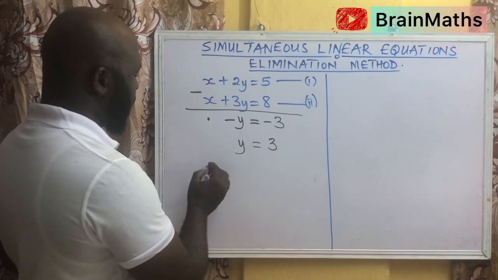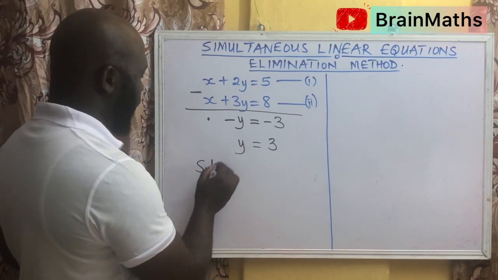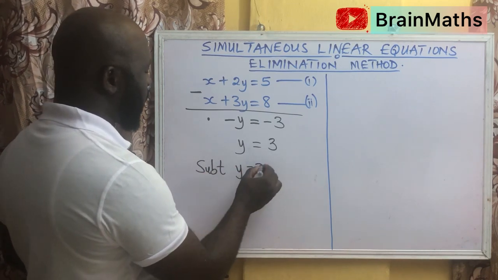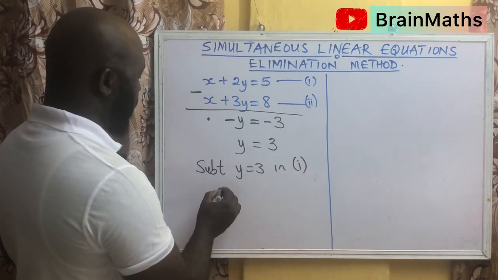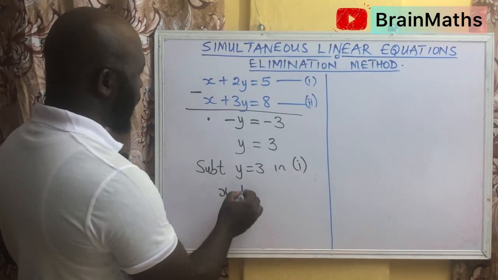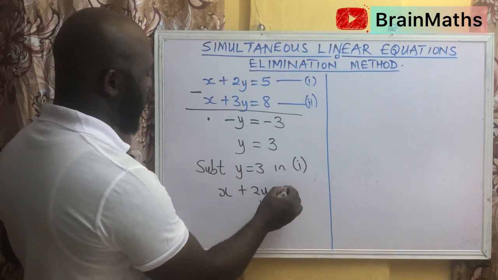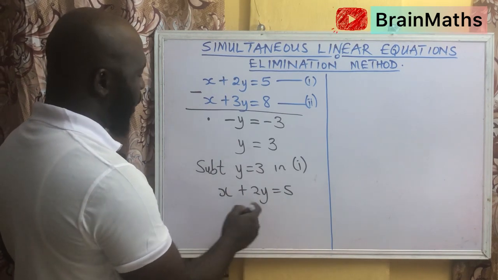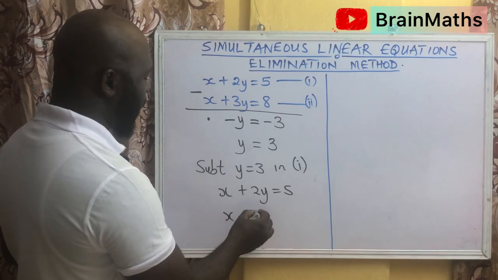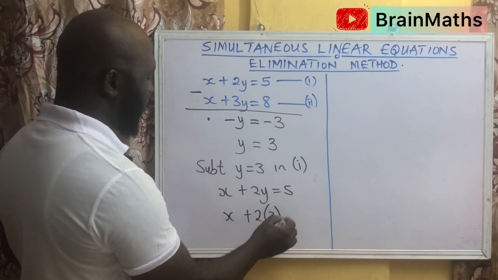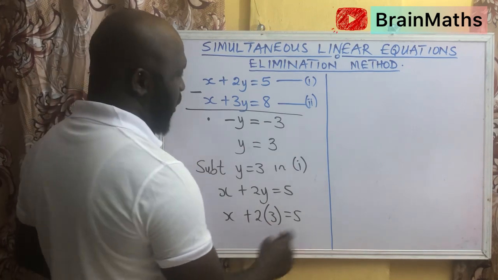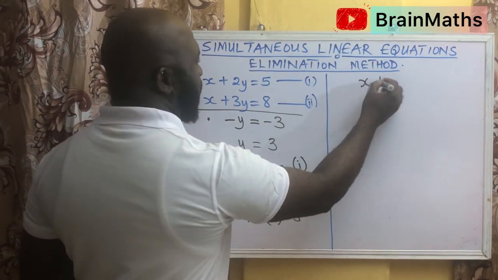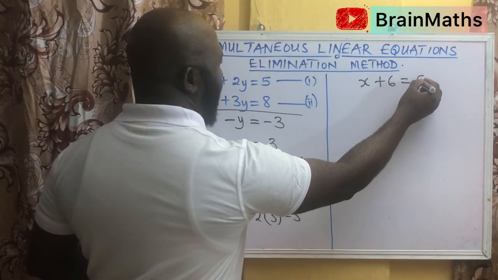So we say substitute y equals 3 in equation 1. So we have x plus 2y equals 5. When you put y in its place, we have x plus 2 times 3 equals 5. 2 times 3 is going to give us 6. So we have x plus 6 equals 5.